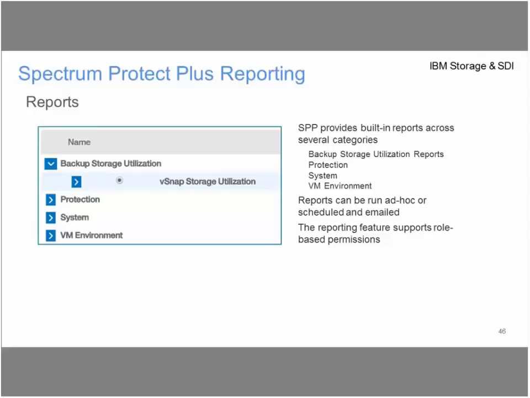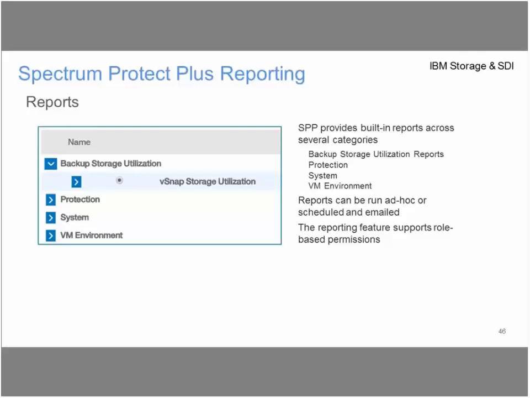If you expand any of those, you'll see all of the available reports that can be run for those various categories. The reporting feature, as I mentioned way back at the beginning of the presentation, is something that you can delineate using role-based access. So you can limit which reports a particular user can run and view, right?